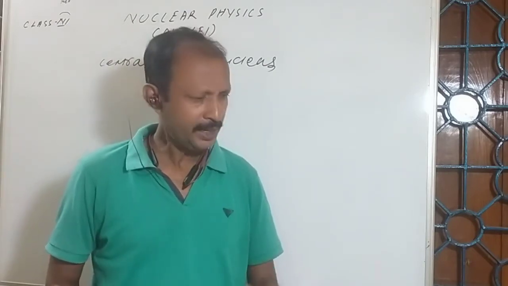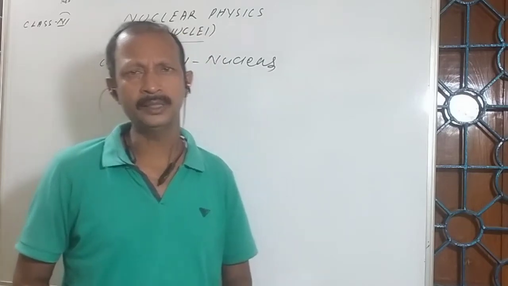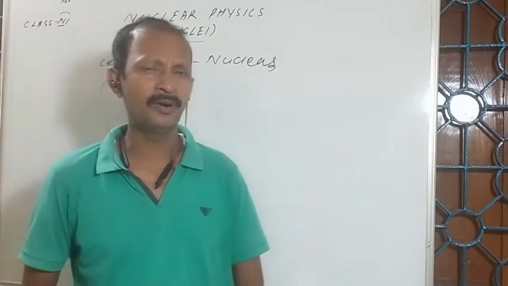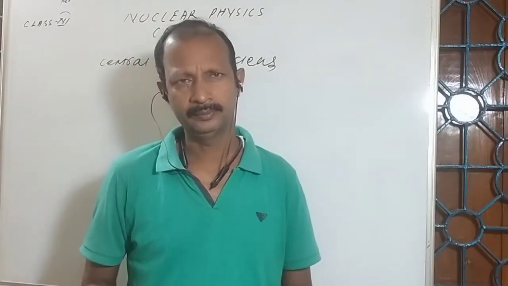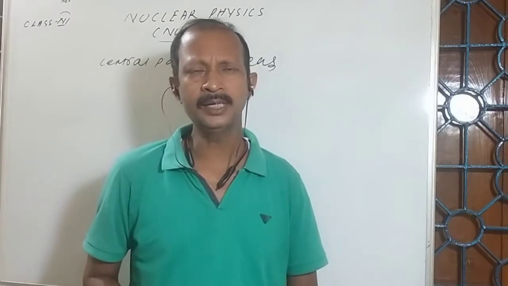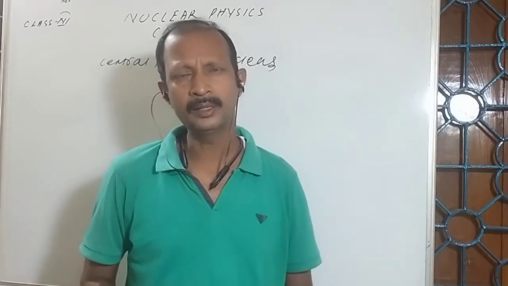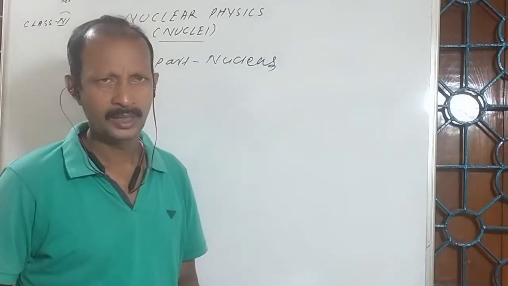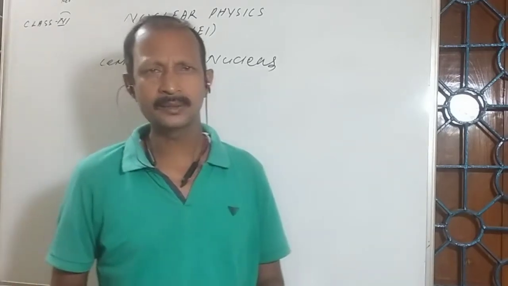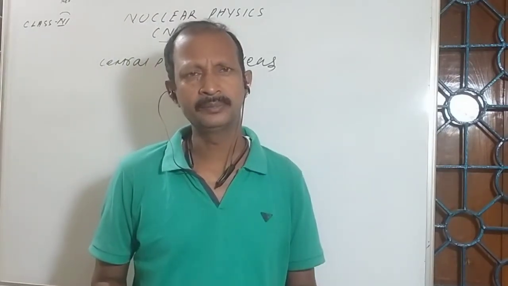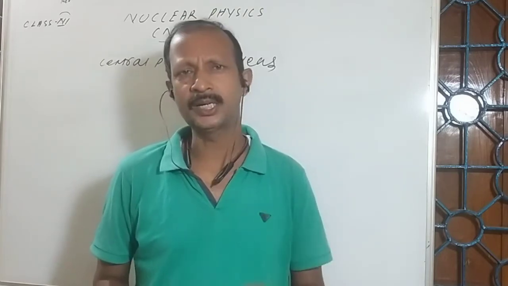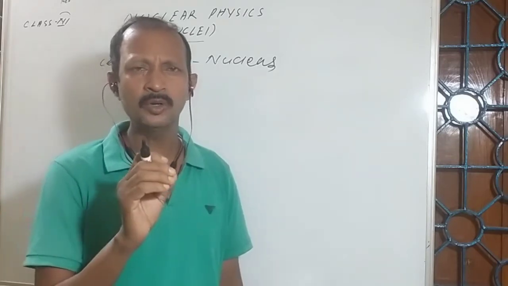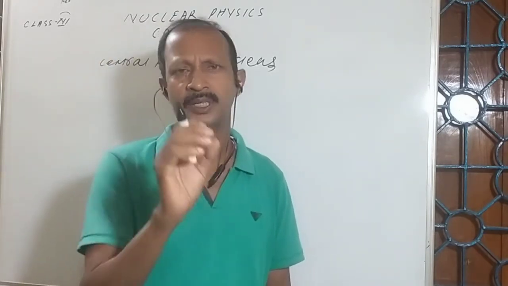He found that most of the alpha particles passed through the gold foil undeflected. Very few alpha particles passed through the gold foil with appreciable deviation. That means the central part of the atom is positive in charge and it is very small in comparison with the size of the atom.